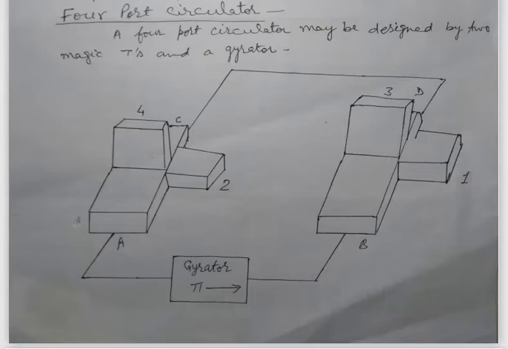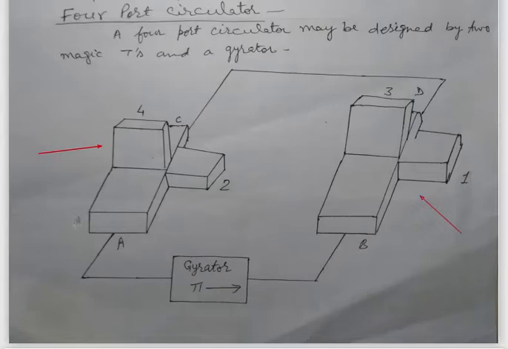So a 4-port circulator, as shown in the figure, may be constructed with the help of 2 magic tees and 1 gyrator. As shown in the figure, the 2 magic tees are shown and 1 gyrator is also shown. As we discussed in our previous lectures, a gyrator is a device that has a differential phase shift for transmission from one direction as compared to the phase with respect to the reverse direction.